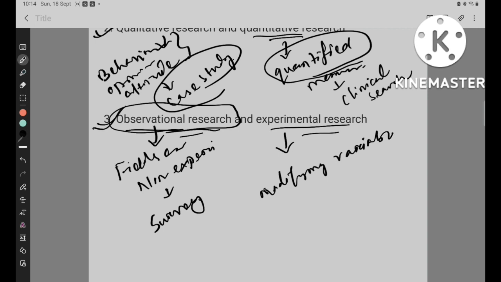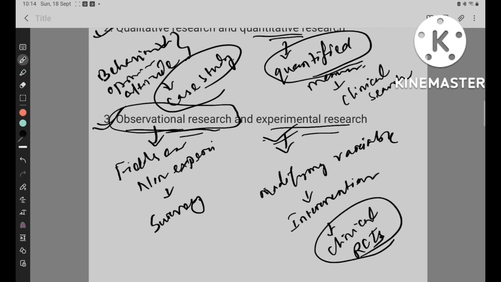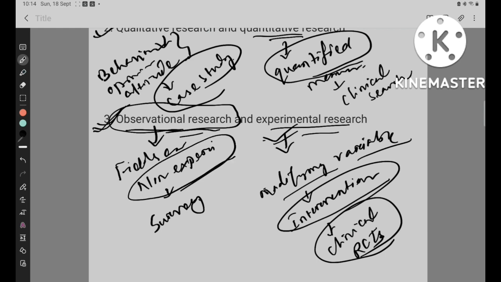Here, the variables are modified by giving some kind of intervention. We do intervene, so this is also known as interventional studies or interventional research. These are all kinds of clinical studies or RCTs. These are all experimental research where we modify the variables by doing a certain intervention. Observational research, in contrast, is non-experimental in nature.